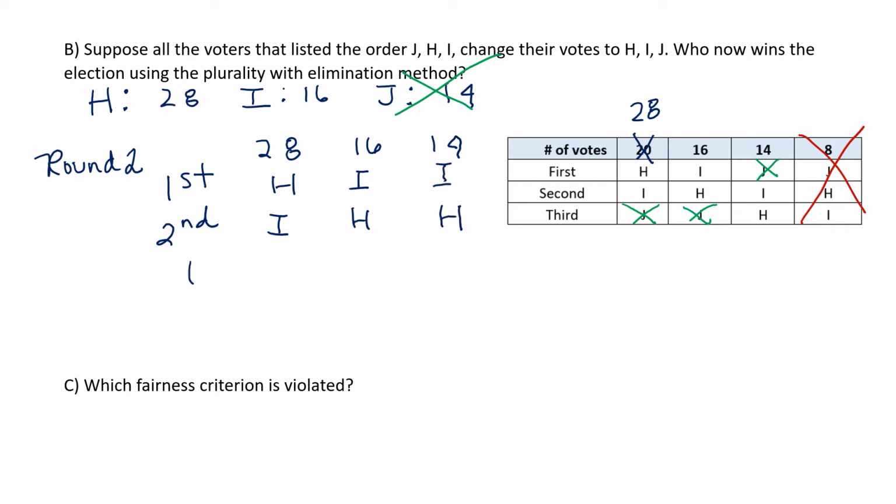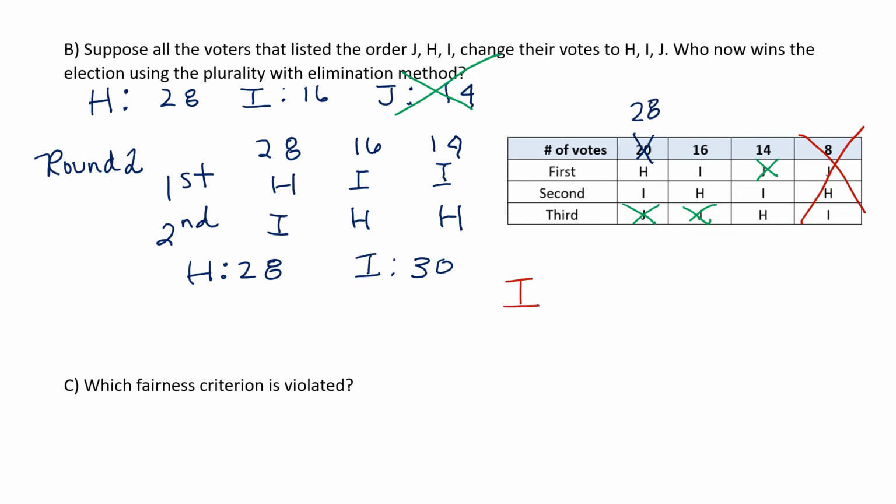In round 2, H has 28 first place votes, but I has 16 plus 14, that's 30. And so when JHI puts all their support behind the HIJ ballot where they were winning anyway, we end up getting I as the winner.